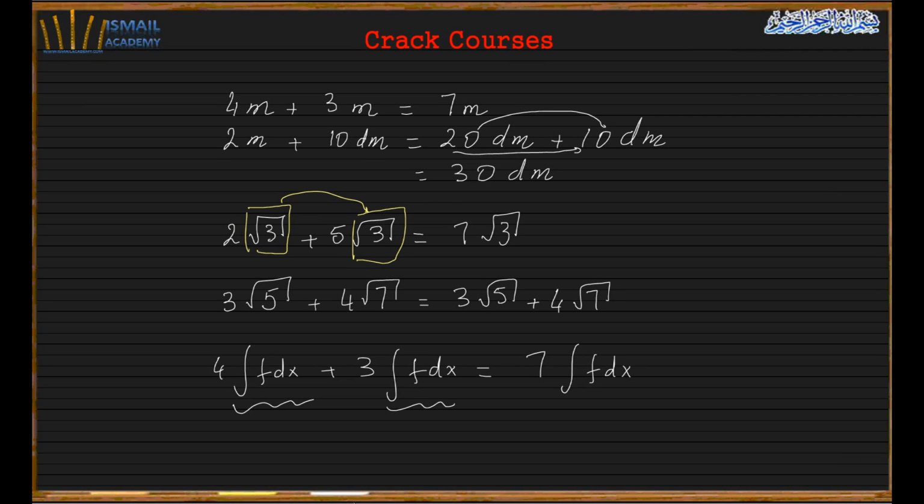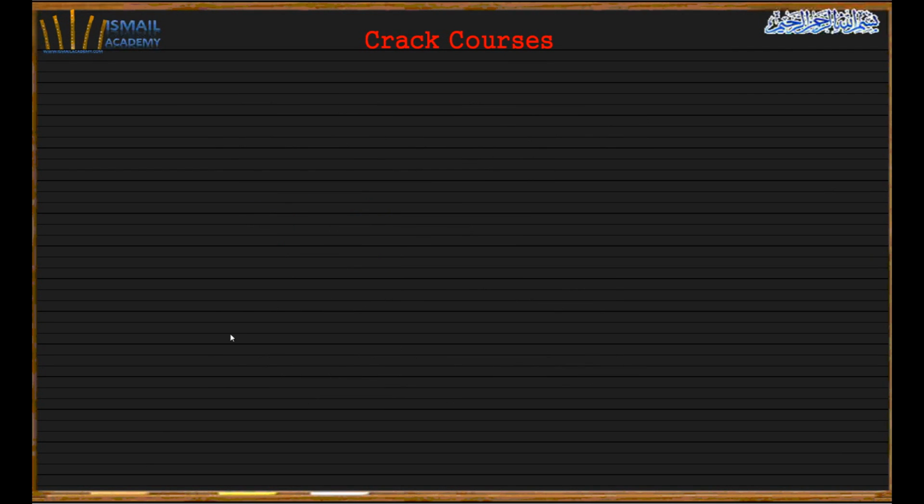I will go with the last example. Suppose I want to add those two. So for example, I have 4x plus x2, 3x plus 5, plus 2x2 plus 4x plus, for example, 9. So here I want to add those two.